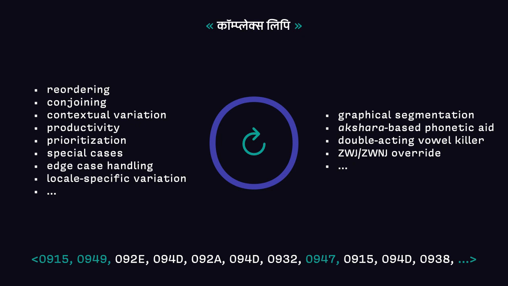Being so complex is not a coincidence. It's naturally hard to reconstruct all of these target glyphs from the character sequence, because the character sequence itself contains overly abstracted information.